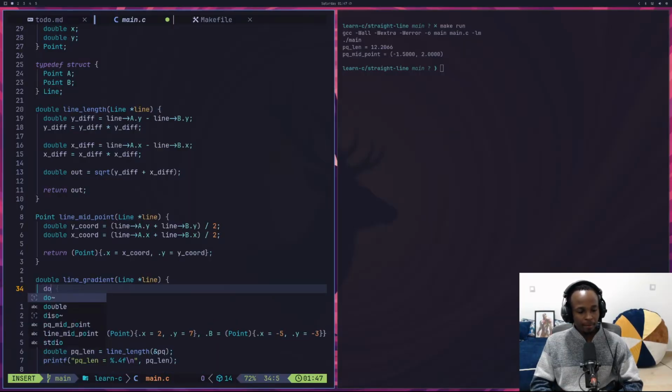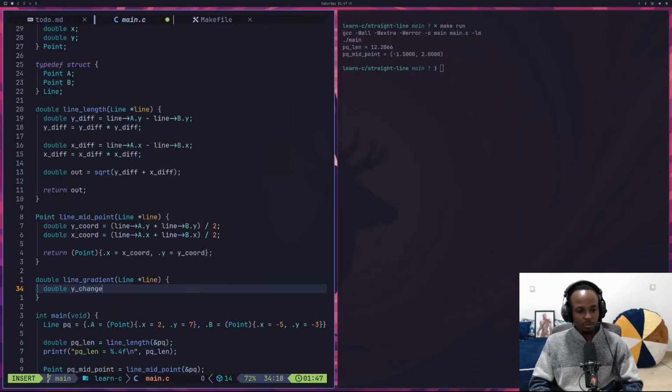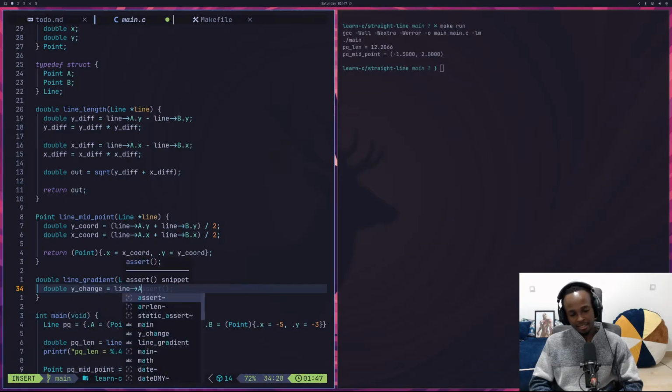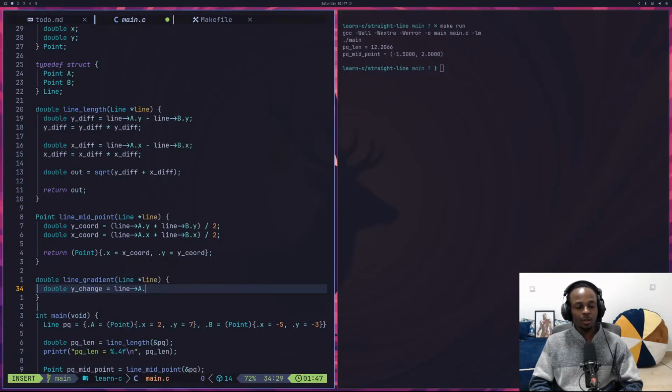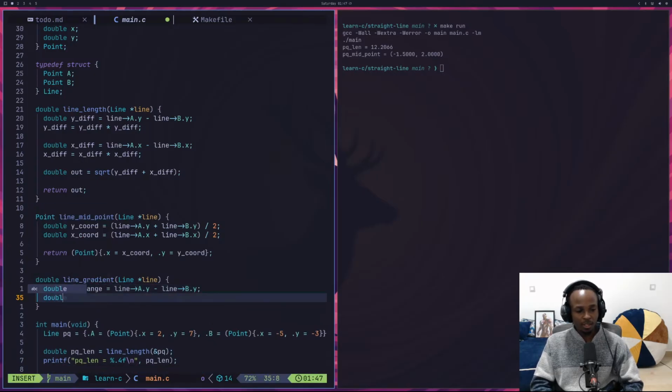And to calculate the gradient, we are basically checking the change in y over the change in x. So double, let's start with the y change. So the change in y will be we take line, we access A, and then dot y minus line, we access B, then dot y. So that is the change in y.